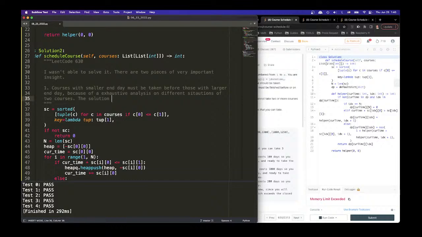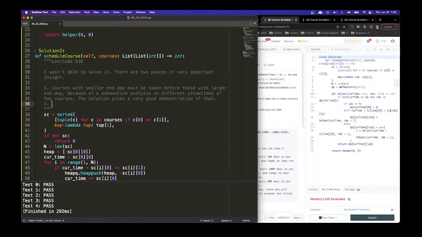The solution gives a very good demonstration of that.